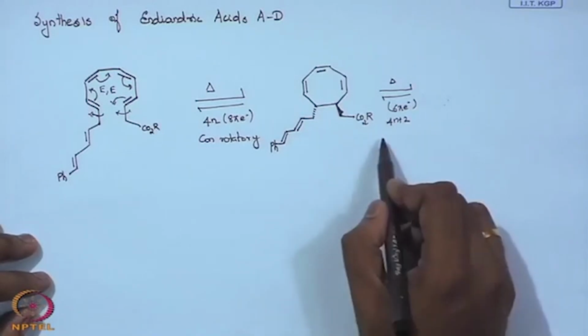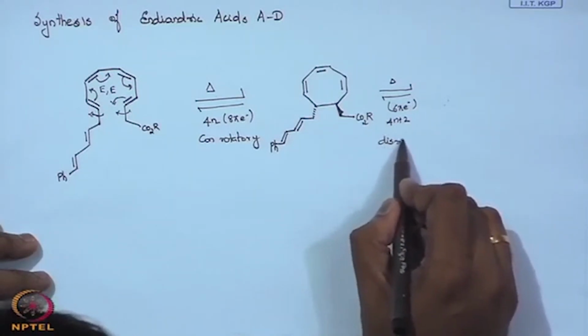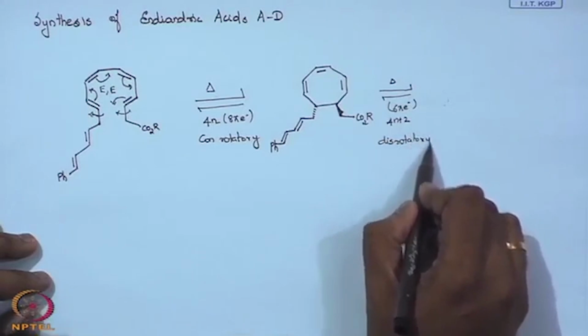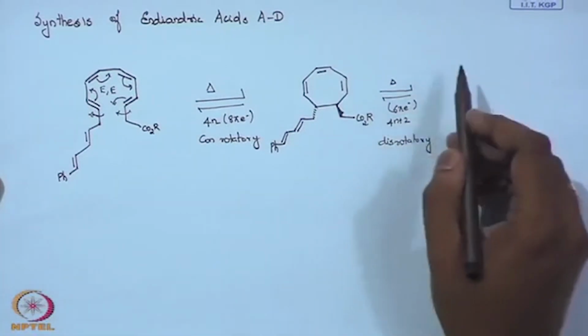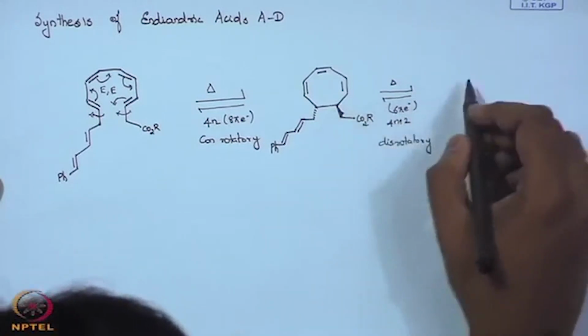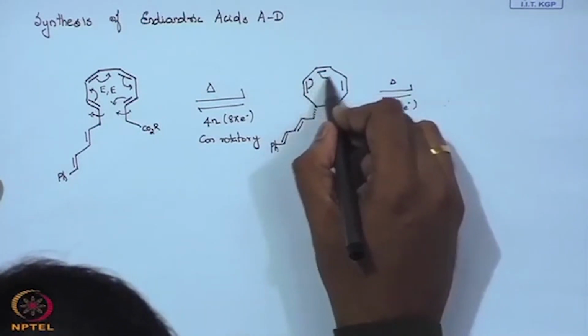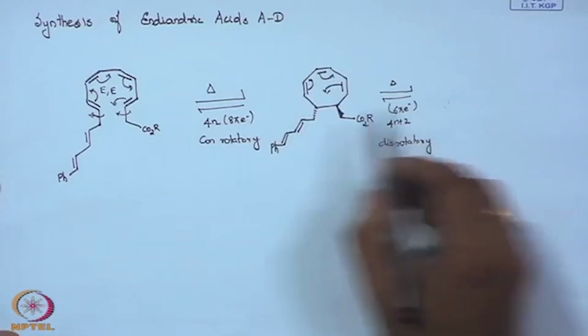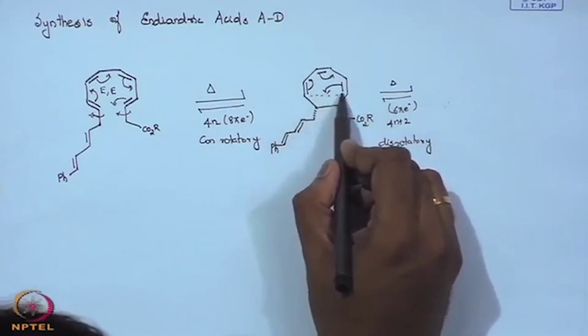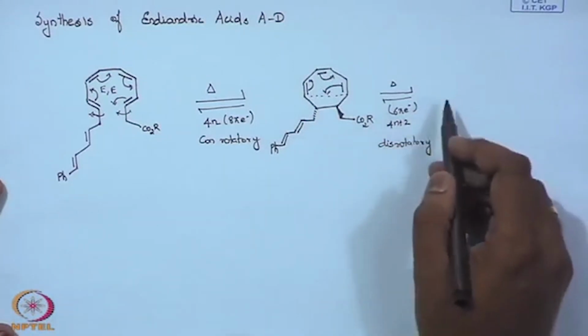Yes, it is disrotatory. That's good. Have a disrotatory. Once you have a disrotatory, then you know how to cyclize this one, a cyclized system like this. If you want, you can put a bond here. So you will get it like that.